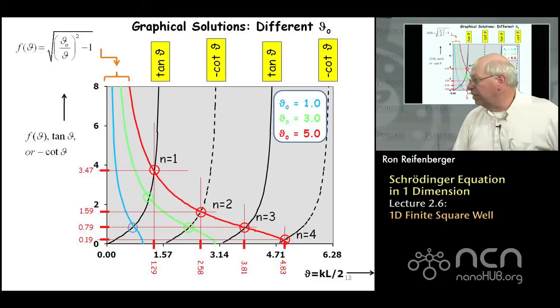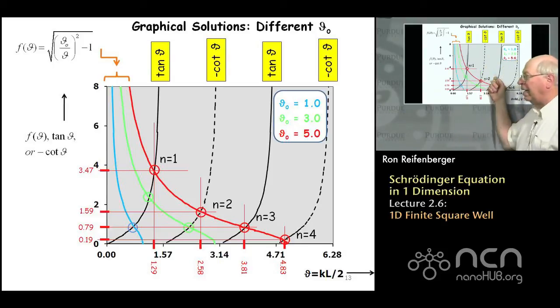So in this case, let's focus on theta naught equals 5. Theta naught equals 5 actually has 4 distinct solutions. I can read from the plot the allowed values of KL by 2, and I can also read from the plot the allowed values of this square root function.